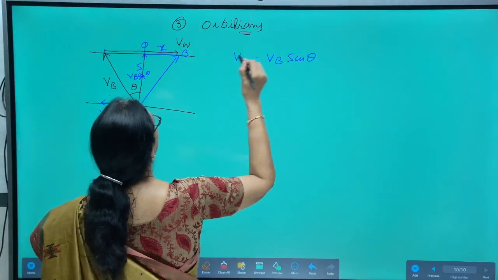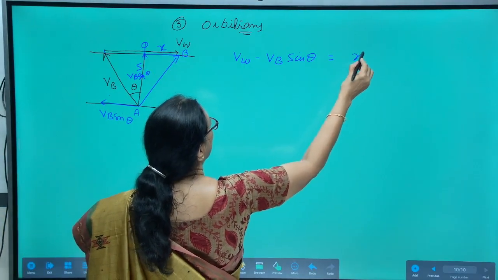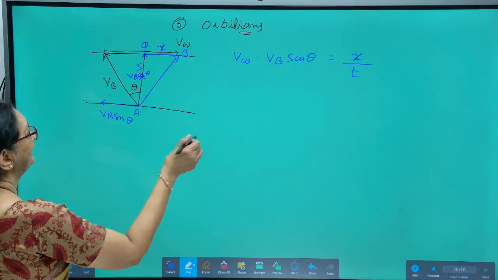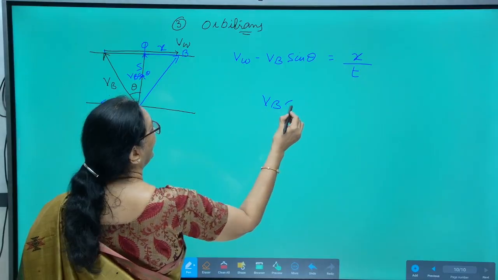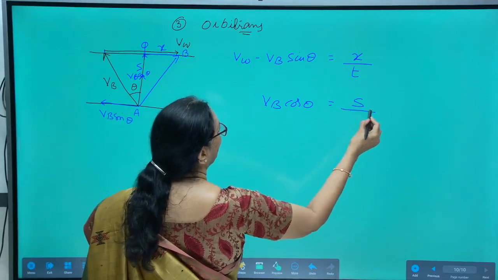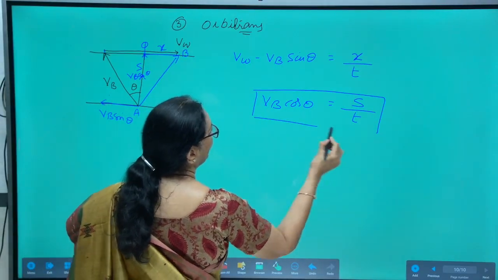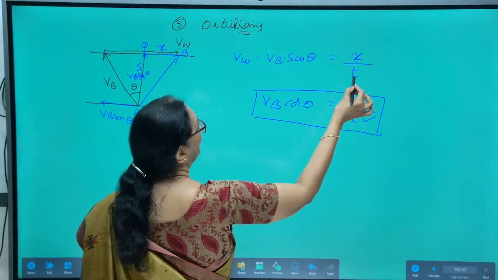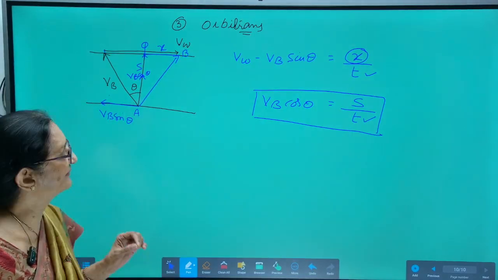In that time it has travelled a distance x, so that is x by t. In the same time, this component is Vb cos theta, so the distance covered here is the width of the river. As Vb, S and theta are known, we can find the value of t. By substituting that value of t here, you can find the drift of the boat.